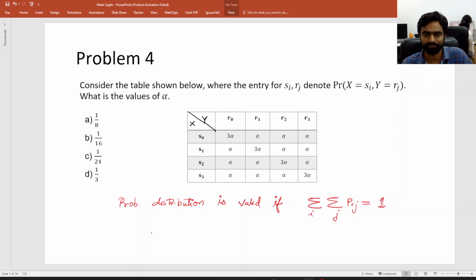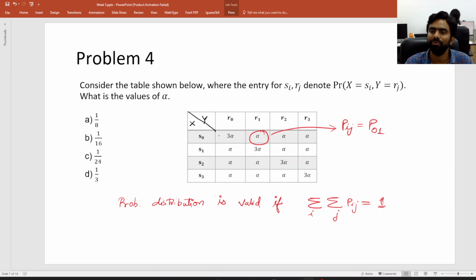Okay, so now here, let's say Pij is nothing but P of 0 1. So all the probabilities like P00, P01, P02, P03, you have to sum all the probabilities and equate it to 1. So we are summing all that. So 3 alpha, how many 3 alphas are there? 1, 2, 3 and 4. So 4 times 3 alpha plus alpha, total 16 are there.